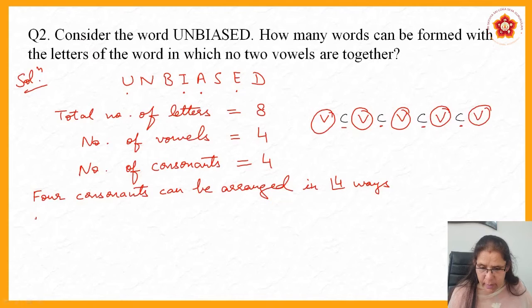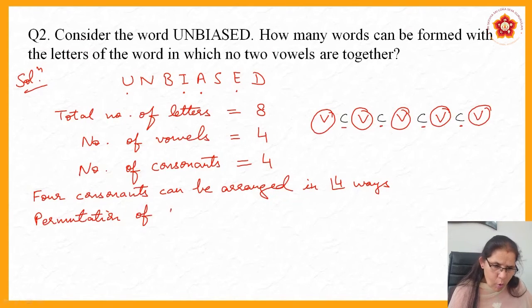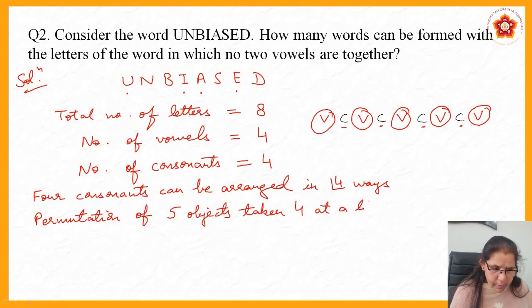So let us see in how many ways we can arrange the vowels. That means what we are looking at? We are looking at permutations of 5 objects taken 4 at a time.